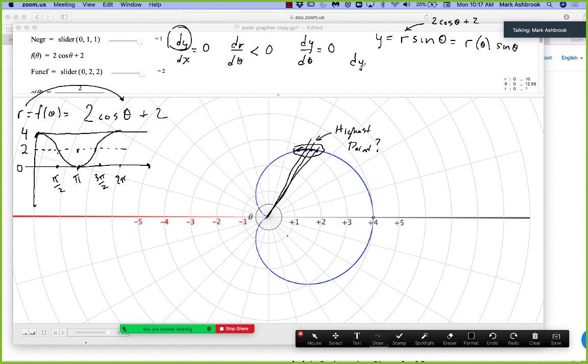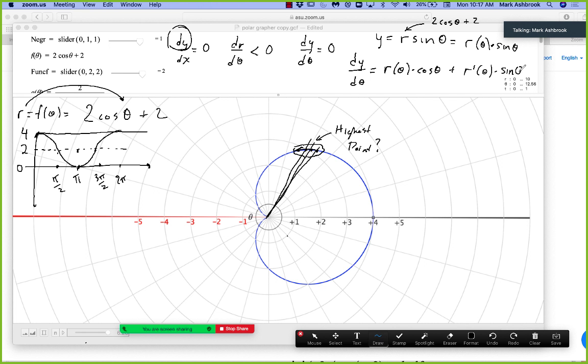So how am I going to find dy/d theta if it's always equal to r of theta times sine theta? How do I find the rate of change of that? Product rule, right? I have two functions of theta, so I use the product rule: the first times the derivative of the second plus the derivative of the first times the second.